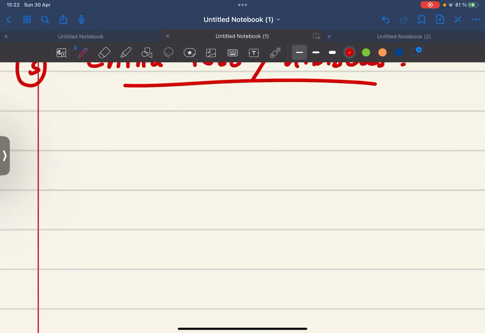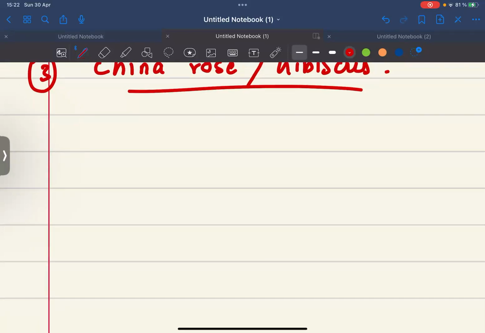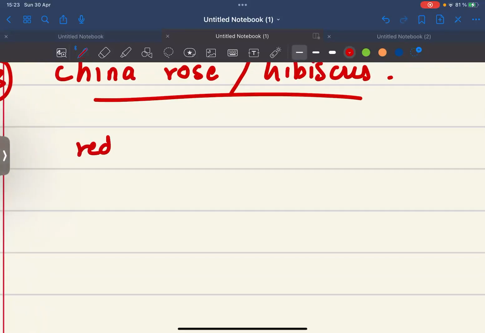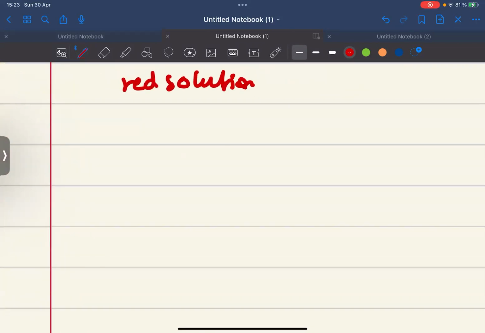So the color of the China rose solution will be purple? Ma'am, red color. Red color. So the juice will also be red in color. So it's basically a red solution.